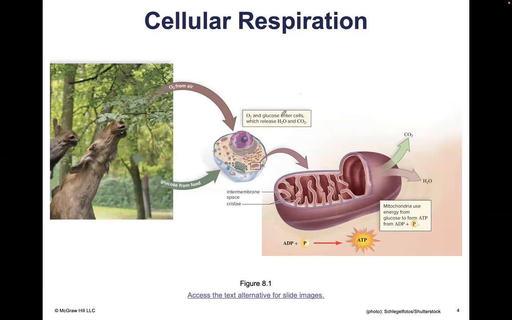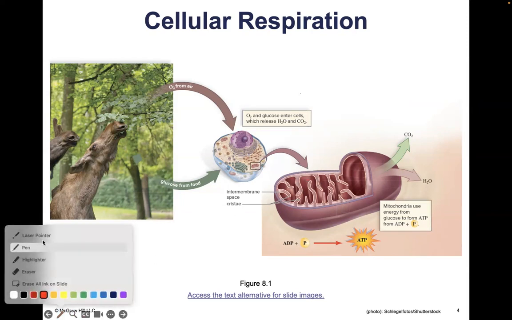So oxygen plus glucose enters the cell, and they release H2O and CO2. So this is the mitochondria. The mitochondria is an organelle that has two membranes. This is an inner membrane, and the other one is the outer membrane.